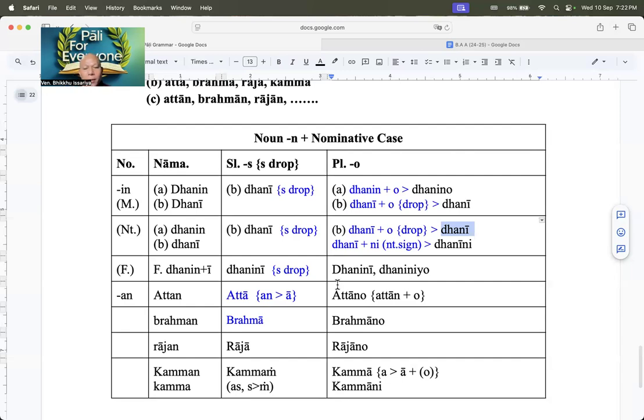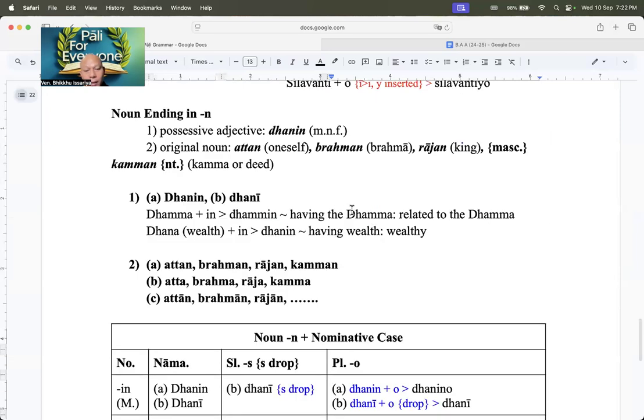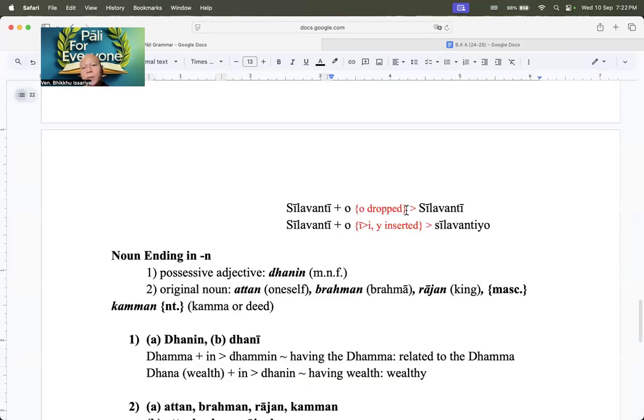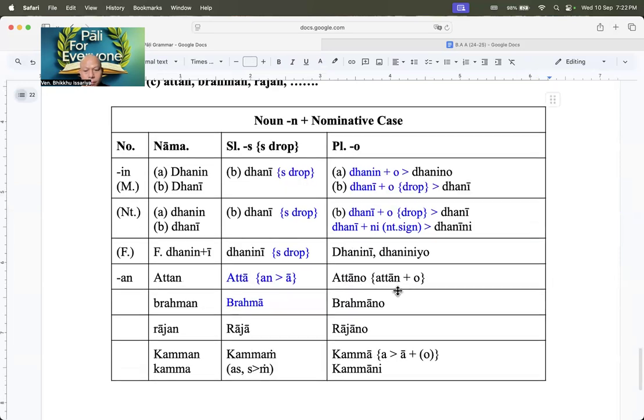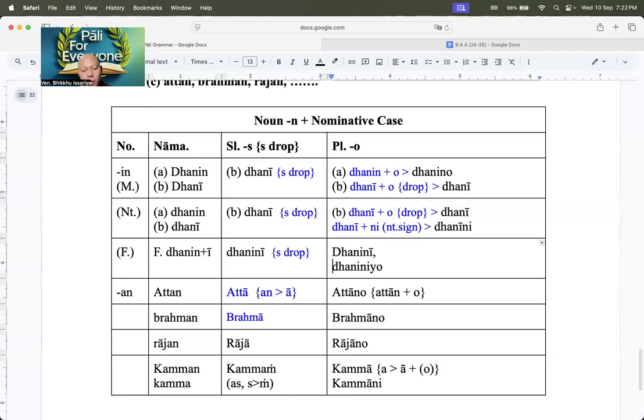But for feminine, the first one, when we change like this, everything drops in this way, and the first one you see, this one is actually the name. After that, the ending, but the ending is dropped.